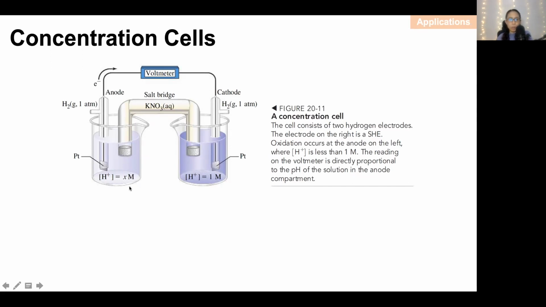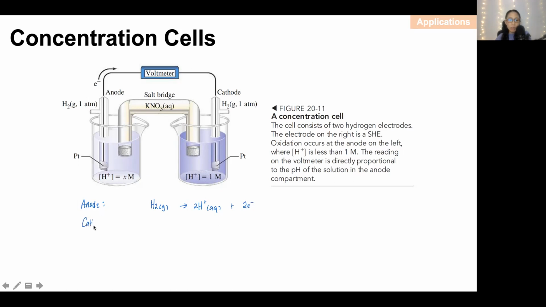So, what does that mean? In the anode, our reaction is you have your H2 gas getting oxidized to hydrogen ions. So, you lose 2 electrons.